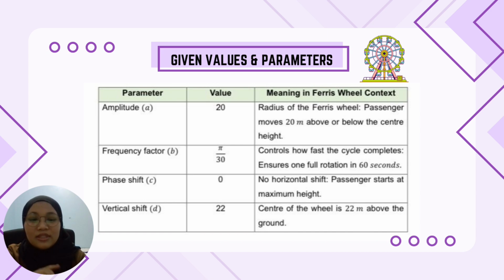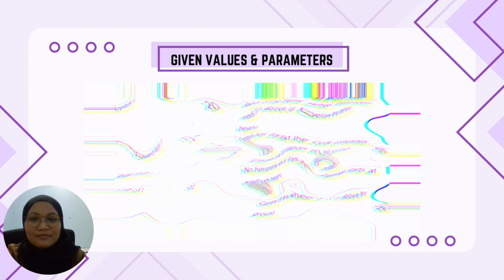Since the motion begins at the highest point, there is no horizontal displacement, and therefore the phase shift is 0. These values will now be used to construct the mathematical model.